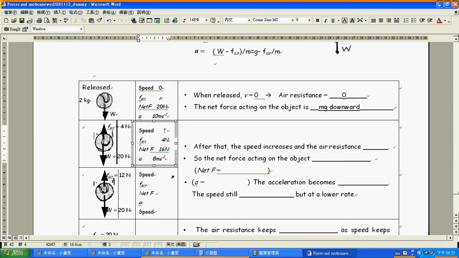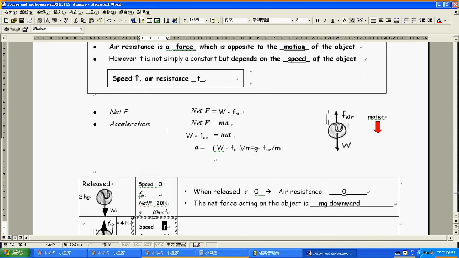So if you see there's still net force acting on it, so it also accelerates. So at this stage, the speed still increases.